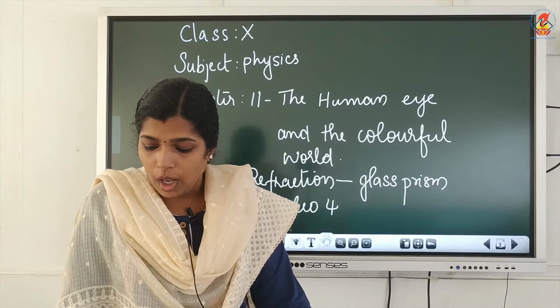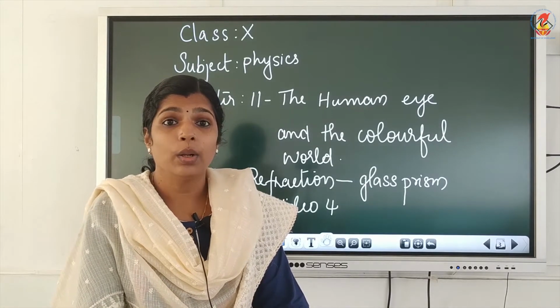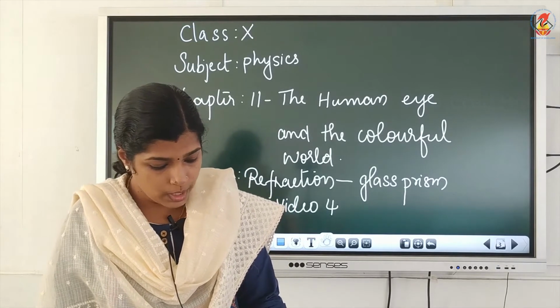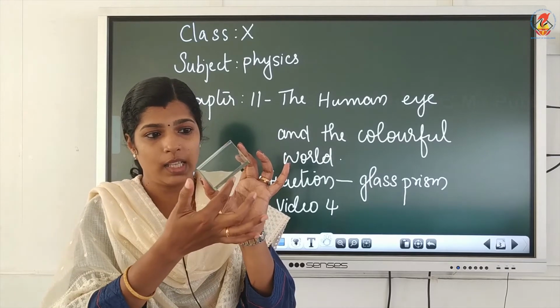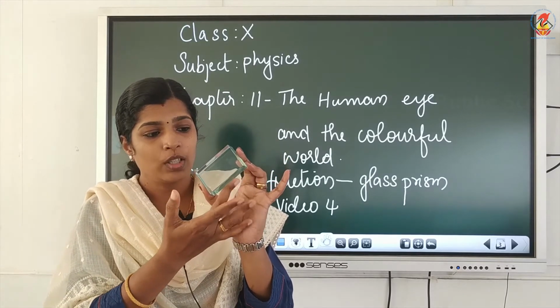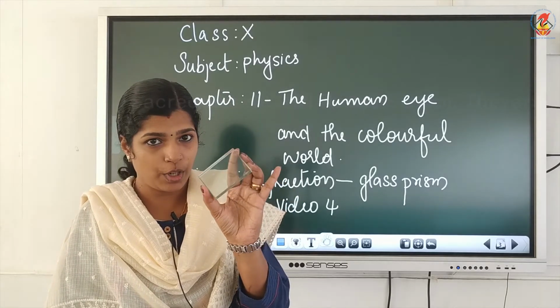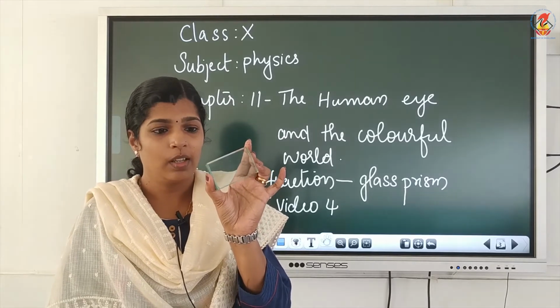So, how will light get refracted through a glass prism? This one is a glass slab. Parallel sides are there, so the emergent ray will be parallel to the incident ray, but slightly displaced.